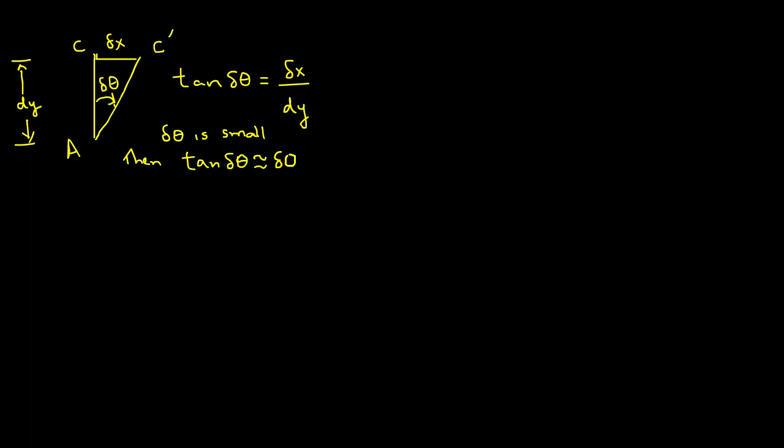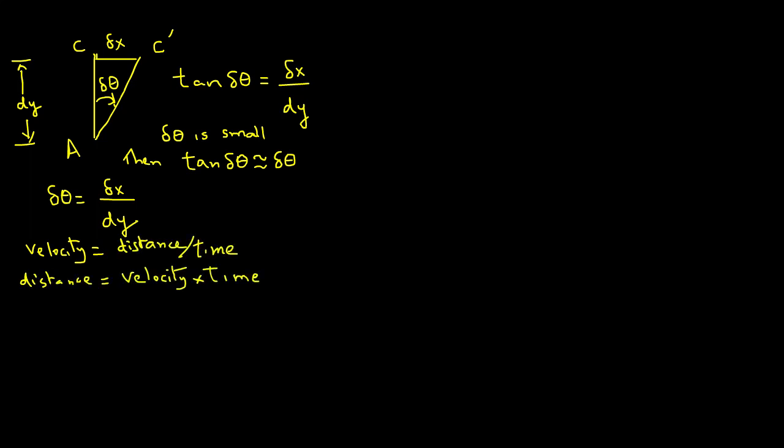So next we can express that linear displacement delta x in terms of the velocity, because you know that velocity is distance over time. So we can say that delta x, this linear displacement, equals du, which is the small change in velocity, times delta t.